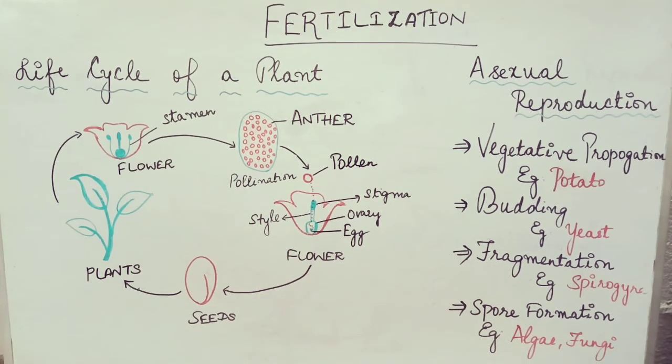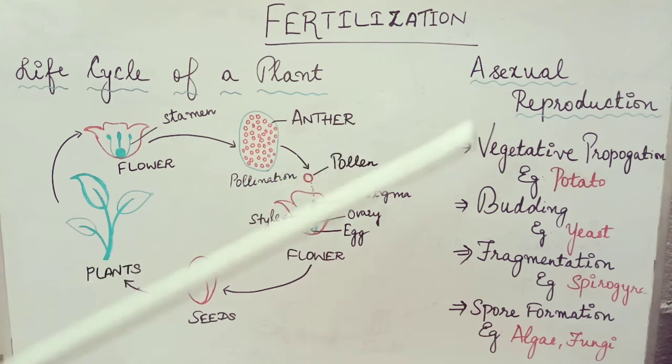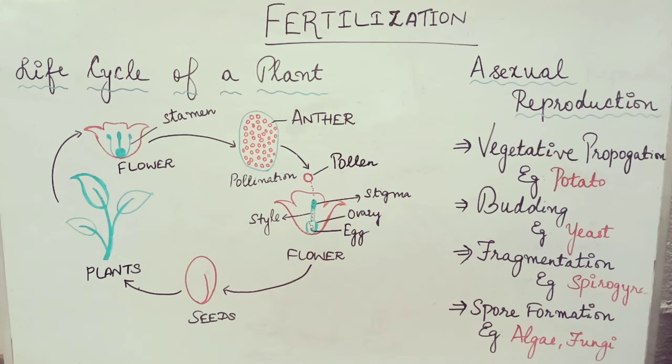Next topic is asexual reproduction. What is asexual reproduction? Already we studied that the production of new plants without the involvement of pollination and fertilization is known as asexual reproduction.